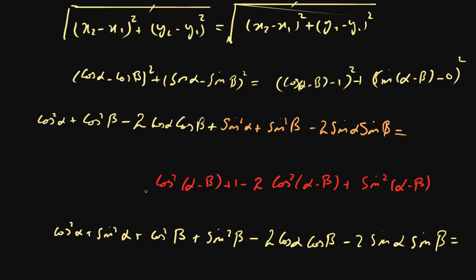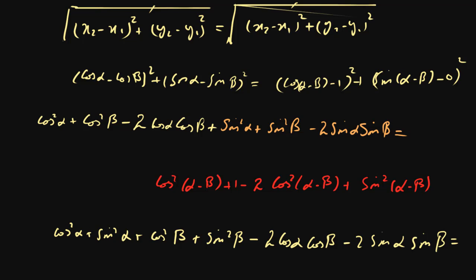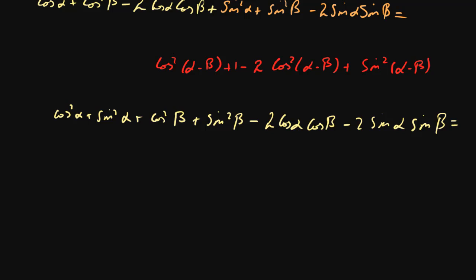And the second part of the equation is cos square of alpha minus beta plus sine square of alpha minus beta, plus 1 minus 2 cos of alpha minus beta.